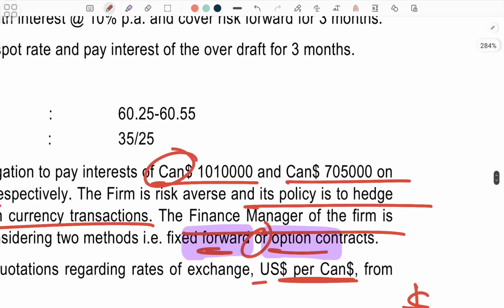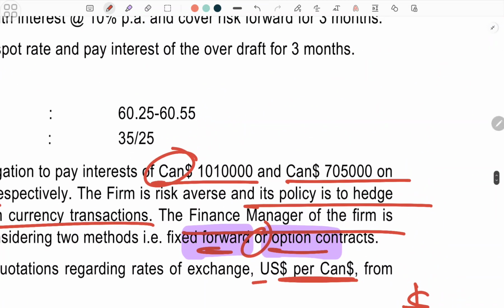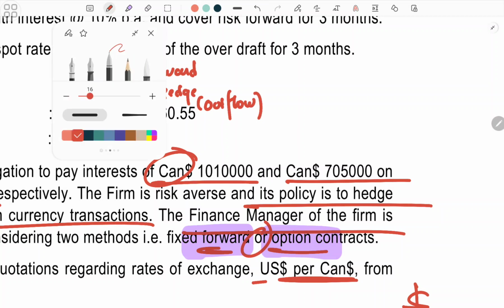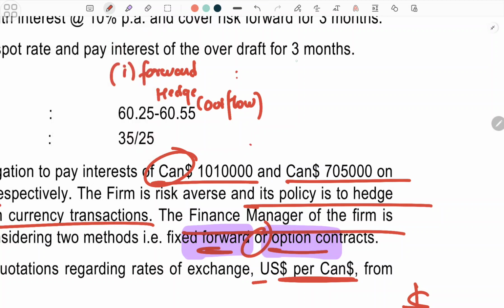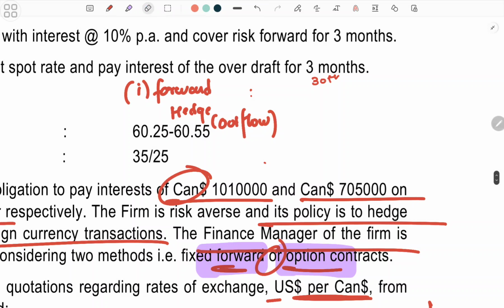Here, forward hedging, outflow. 31st of July and 30th of September.